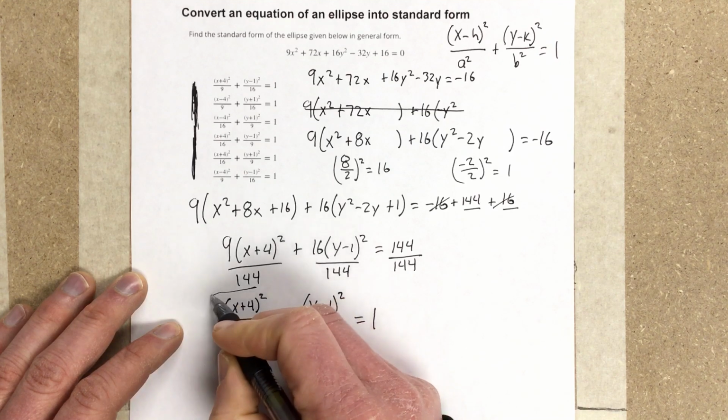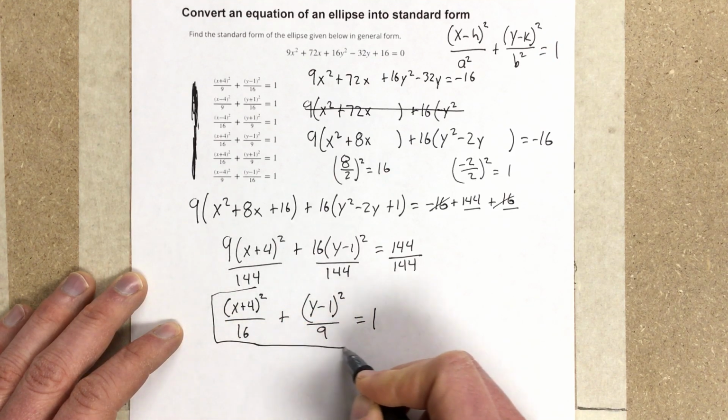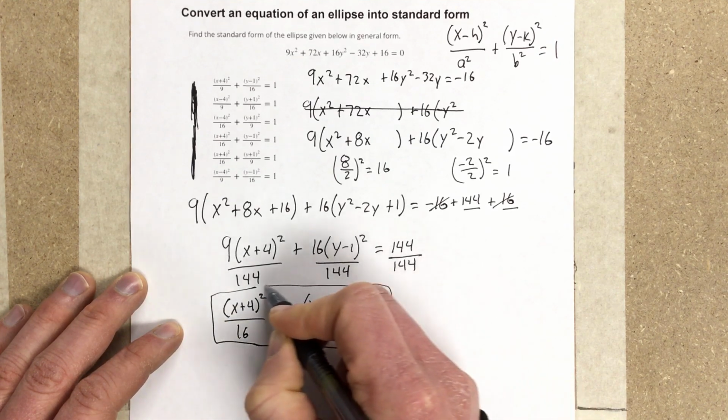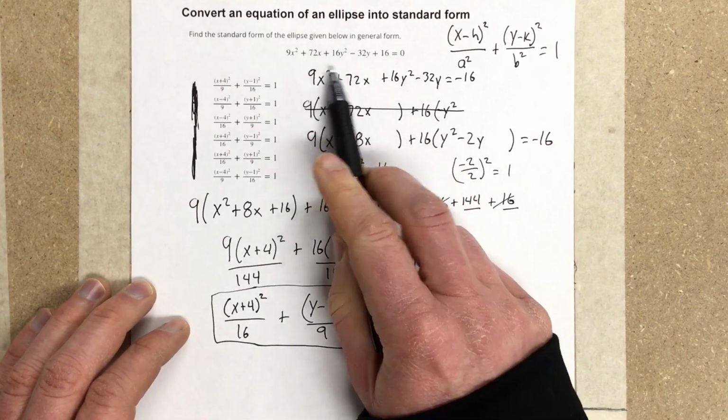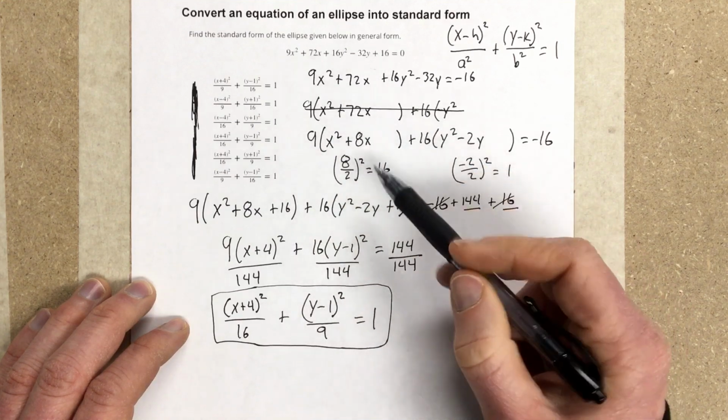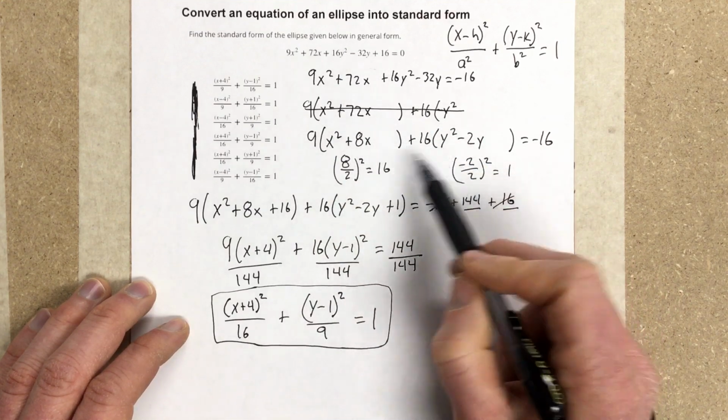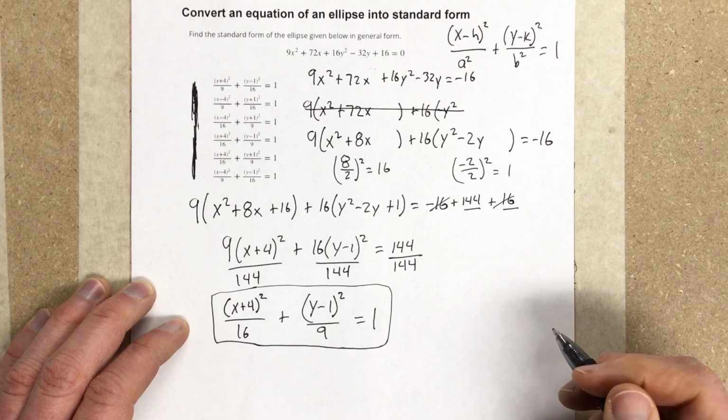So this would be standard form for an ellipse, and we took a general form for the ellipse here, and we completed the square really twice, and then we ended up in standard form.